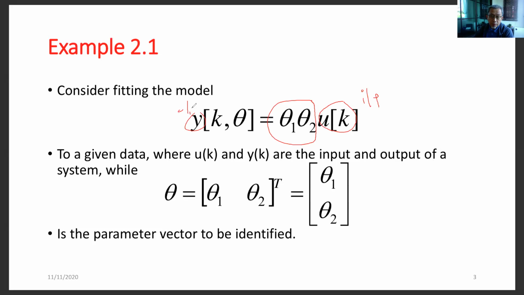So theta consists of theta 1 and theta 2. k is the sequence number, starting from 0, 1, 2, 3, 4, and so on.